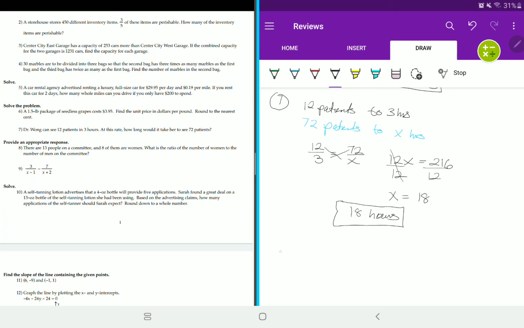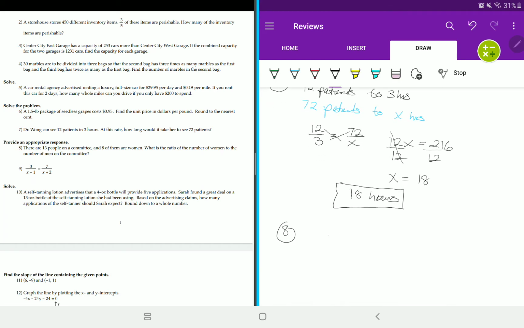Okay. Now, we know there are 13 people in total. And out of the 13 people, 8 are women. That means 5 are going to be men.